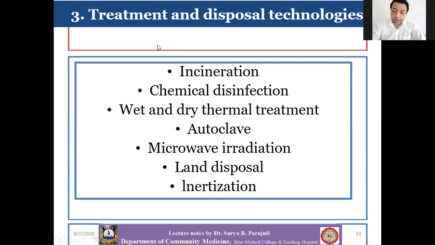Let me discuss some methods of waste disposal currently used by different hospitals, like incineration, chemical disinfection, wet and dry thermal treatment, autoclave, microwave irradiation, land disposal, and inertization.